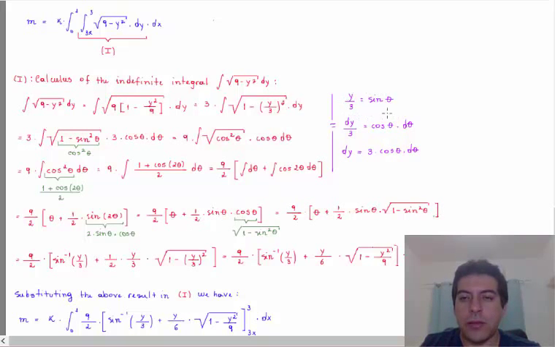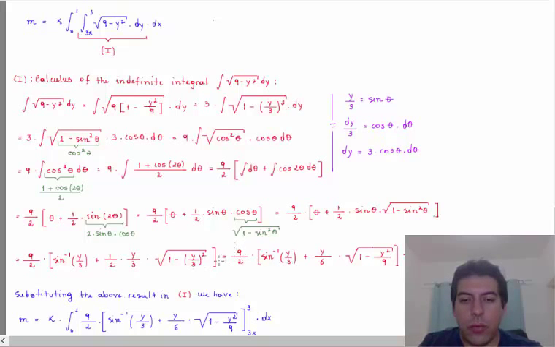Performing again the substitution in the opposite direction, theta is equal to the inverse function sine minus 1 of y over 3, plus 1 over 2 times sine of theta, which we write as y over 3, times square root of 1 minus sine squared of theta, which we write as y over 3 squared.